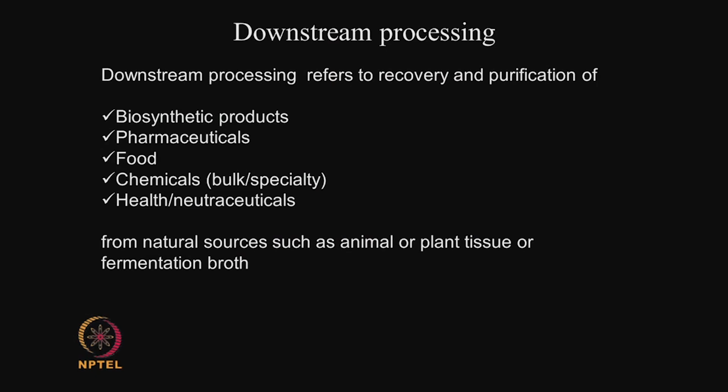So, what does downstream mean? Downstream is a process where we try to recover and purify the products that are coming out. It could be metabolites, it could be enzymes, it could be a biomolecule that is coming out of a fermenter or a bioreactor. So, it could be a pharmaceutical product, it could be a food grade chemical, it could be a bulk chemical, it could be a specialty, healthcare products or nutraceuticals.